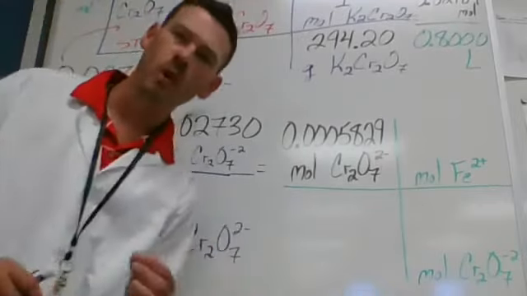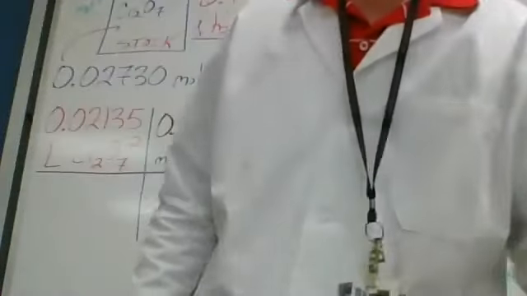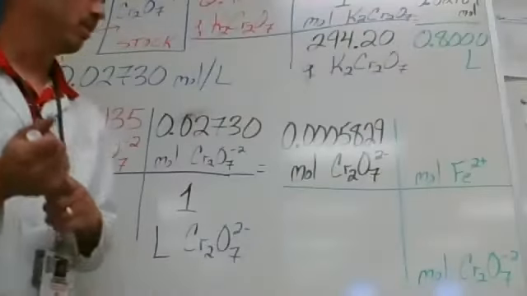When moles is over moles, the values come from coefficients. So if you look at your beautiful equation here, you'll see that it's balanced for you. You're welcome. And find the items in question.